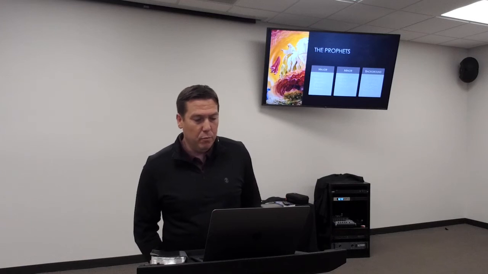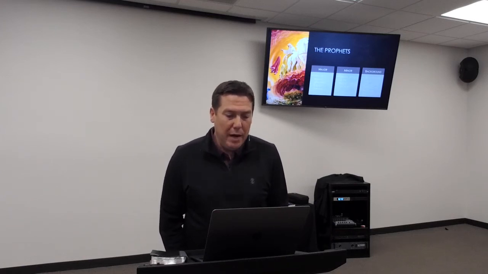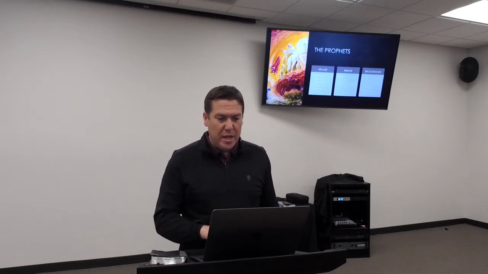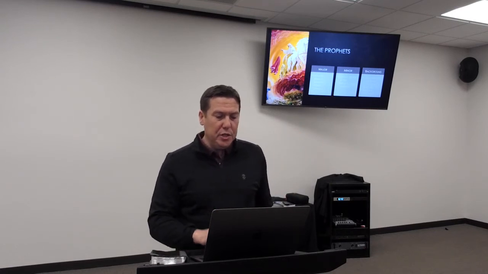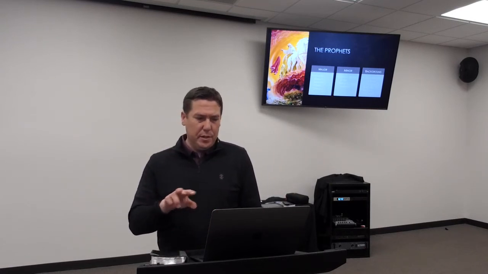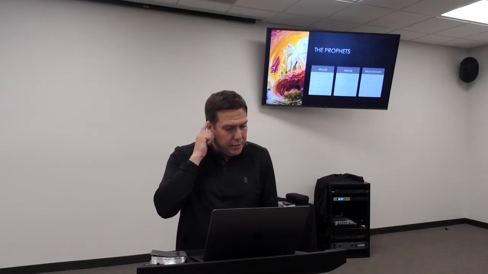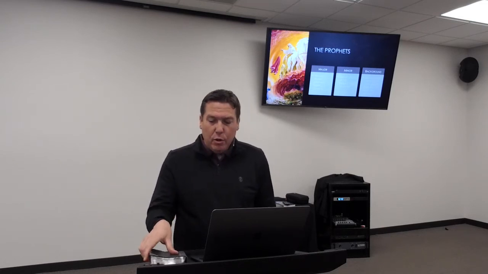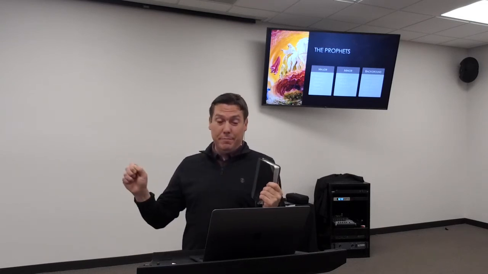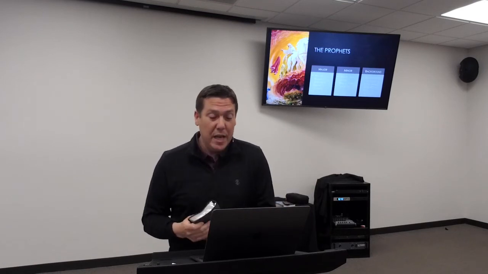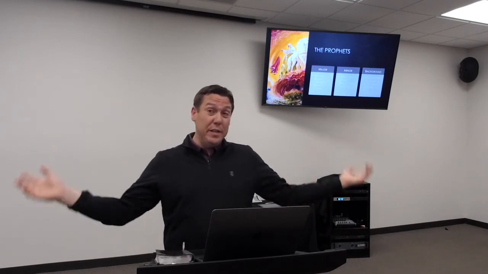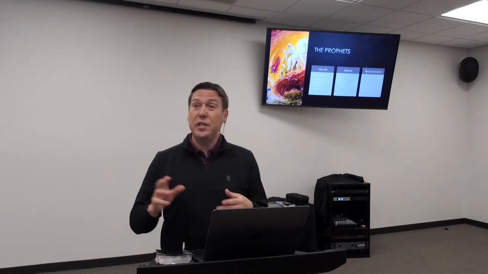Maybe you can see it. I'll read it to you if you can't see it well enough. And the minor prophets in the background. Before I explain that, let me just tell you there are two other ways of classifying the prophets in the Bible. There are prophets who wrote, and there are prophets who didn't. There are literally hundreds of prophets who didn't write, and there are 16 who did.